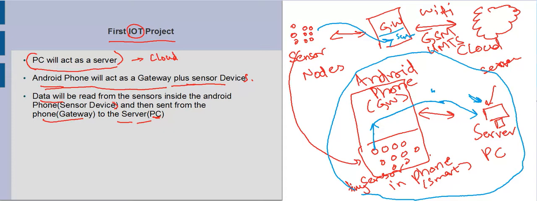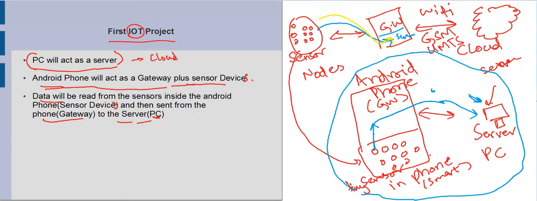And in the second topology, we have these sensors, let me use this red marker, we are going to have them inside the gateway. So this was our second topology of an IoT ecosystem that we have described before.